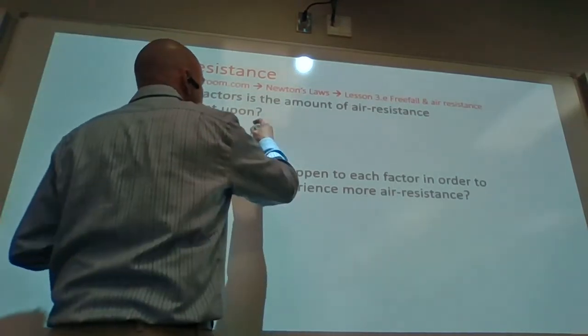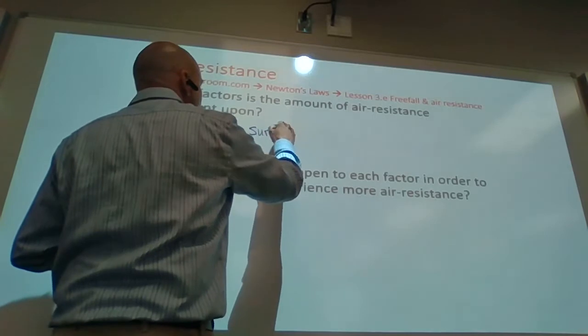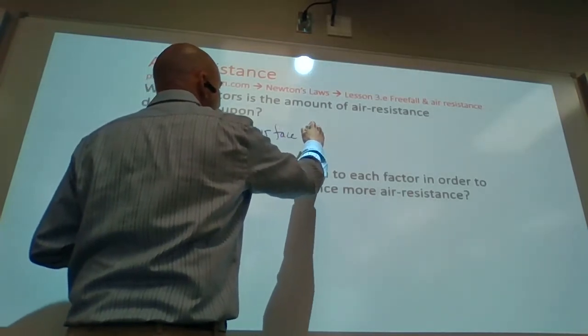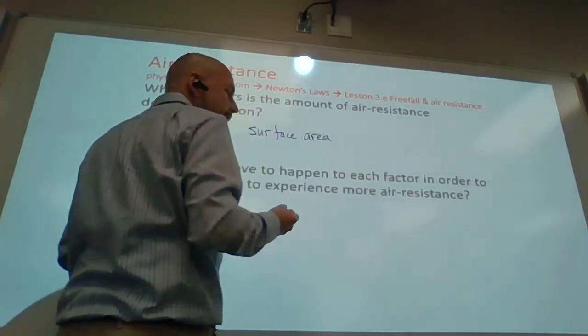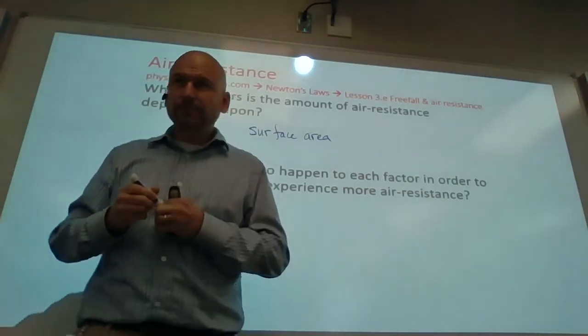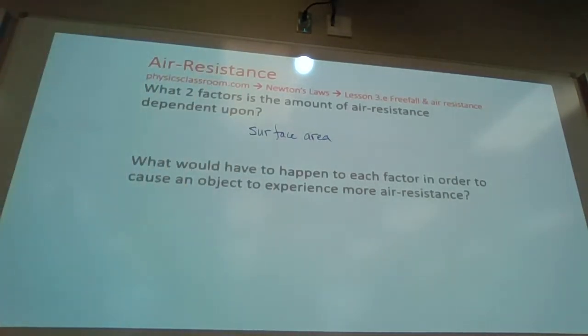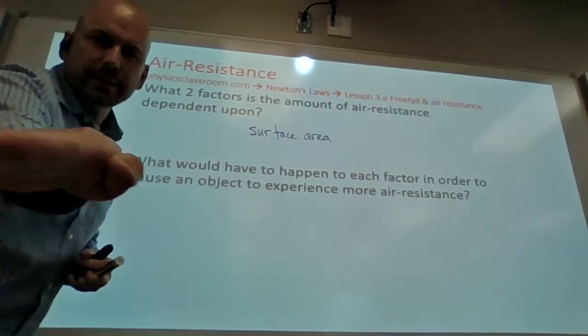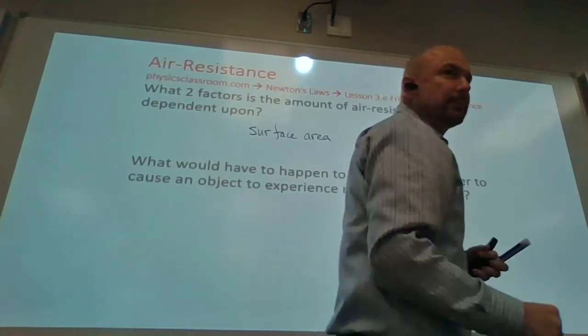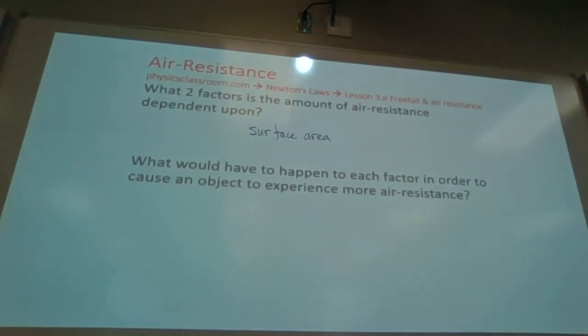This is the surface area, specifically cross-sectional surface area, where this has less air resistance than this. This has less air resistance than this. Does that make sense?